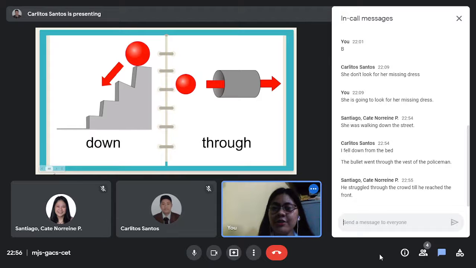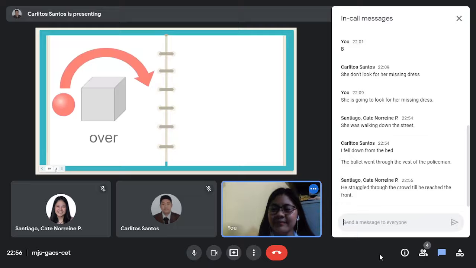Then let's have the third one. Over. We have here the movement over. Can you create or compose your own sentence using the preposition of movement over?